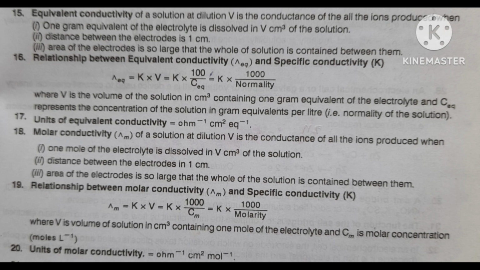For that cell, the cross sectional area is fixed and L is fixed, hence the L upon A value is fixed, and this L upon A is called cell constant. Hence specific conductivity is equal to conductance into cell constant.